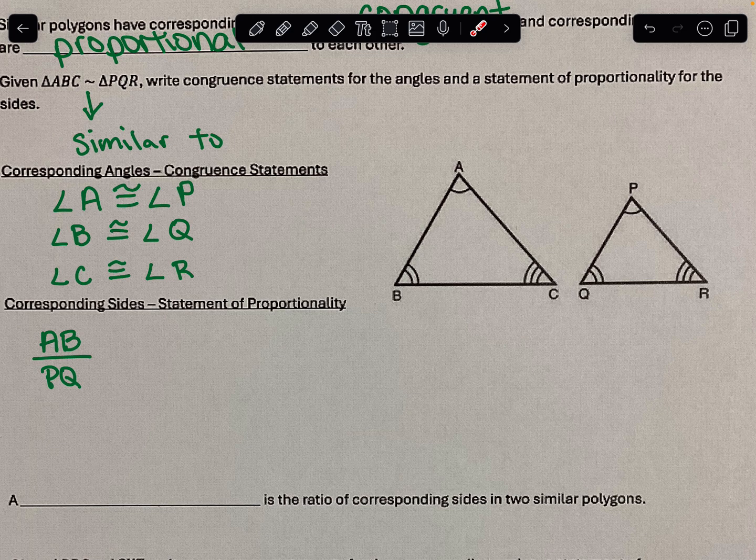I can set those equal to the other sides, right? So then that would be equal to, what would this side be called here? AC, and what would I put AC over? PR, right? Because they're corresponding sides. So AC over PR. And then again, my last set of sides would be BC over QR.